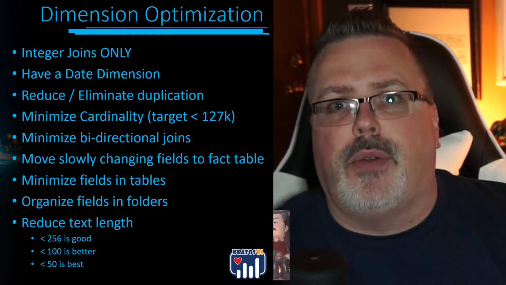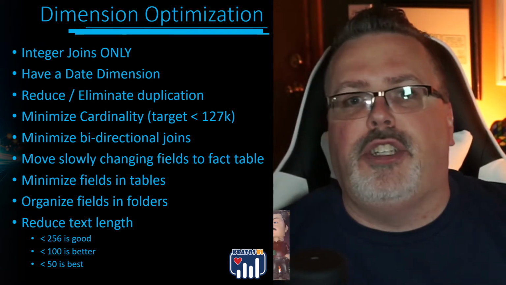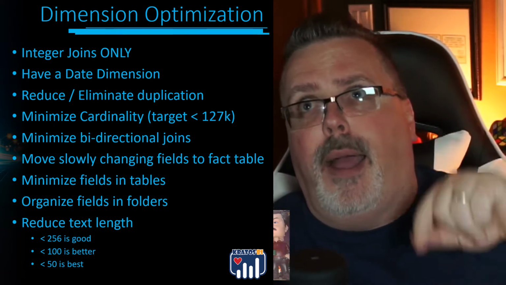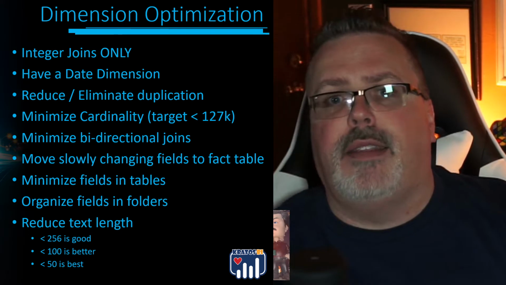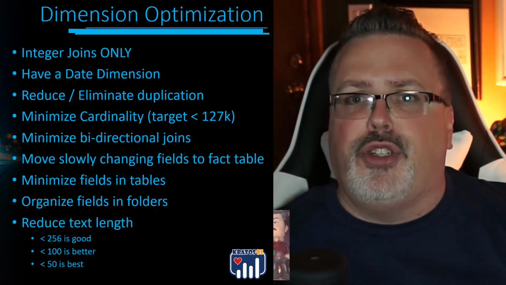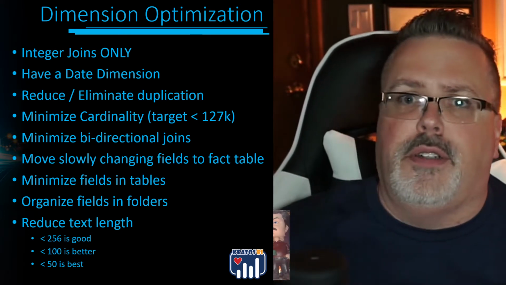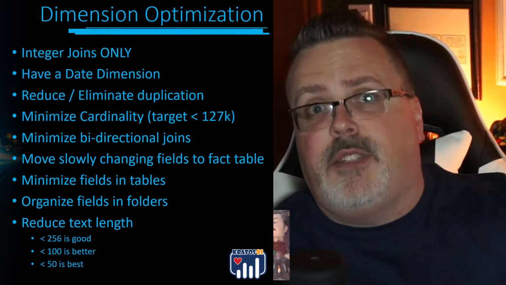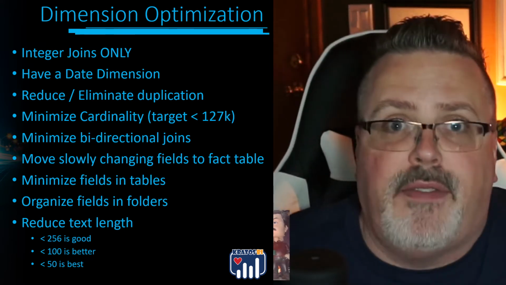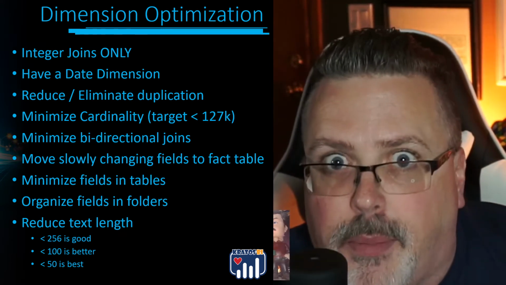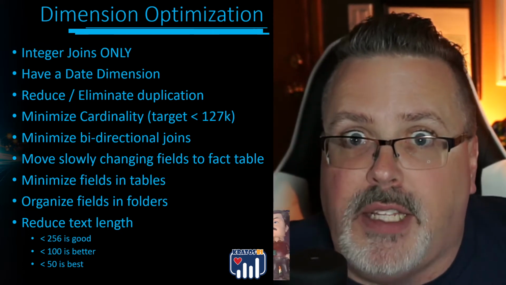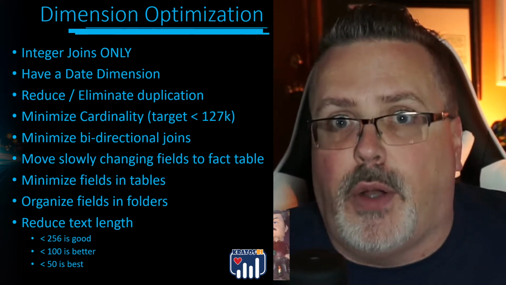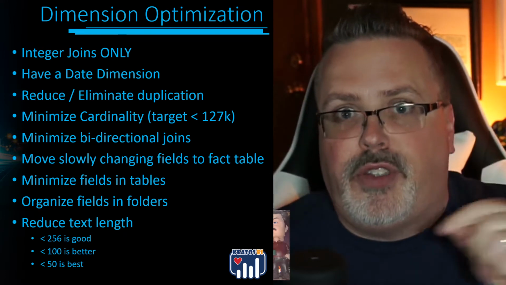Integer based joins only. That includes your date dimension. YYYYMMDD, right? That's your smart key. That's the join you're going to use on all of your date dimensions. And speaking of that, make sure that you have a date dimension. Date dimensions are the most important piece of your tabular model. That's your foundation. That's your basis. That's where you start.